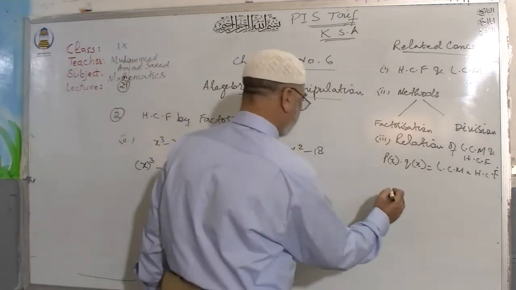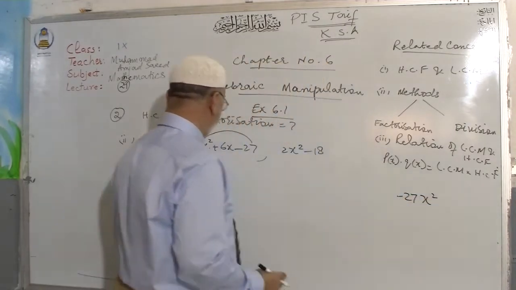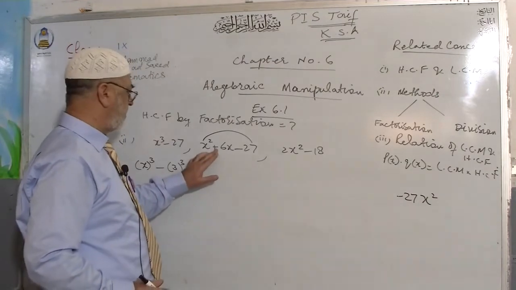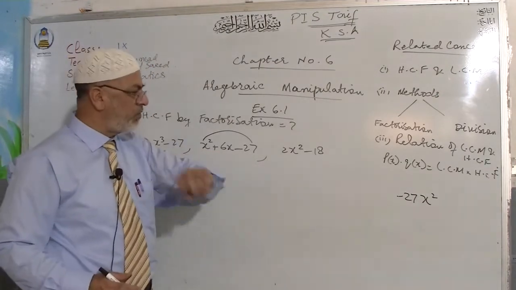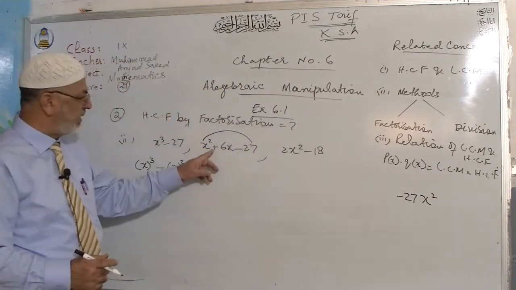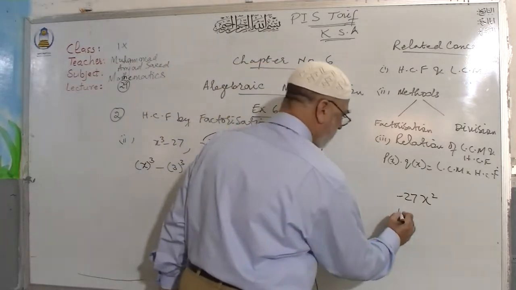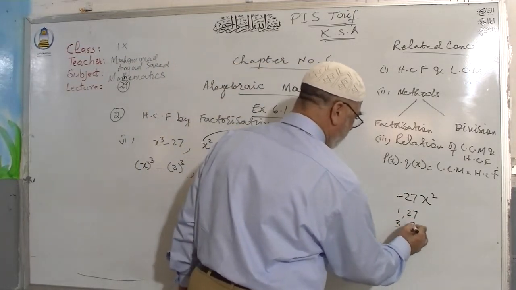Here is minus 27x squared. Make the possible pairs. And remember that I told you, whenever you make the pair, the bigger component will have this positive sign. So here is 1 and 27, 3 and 9.